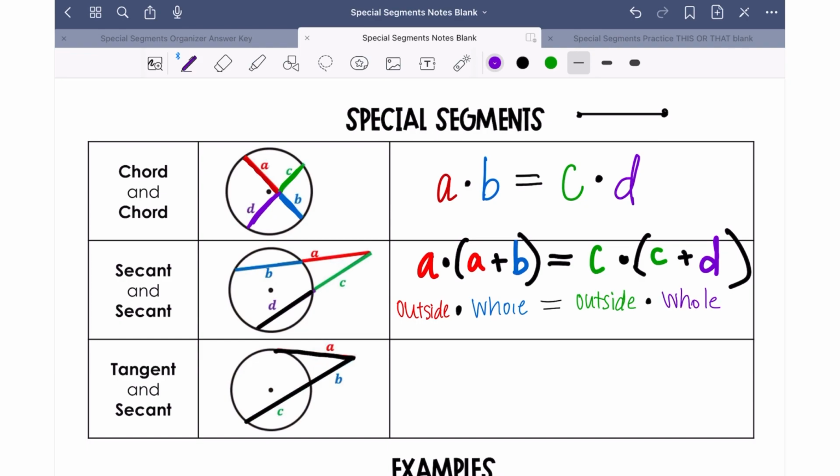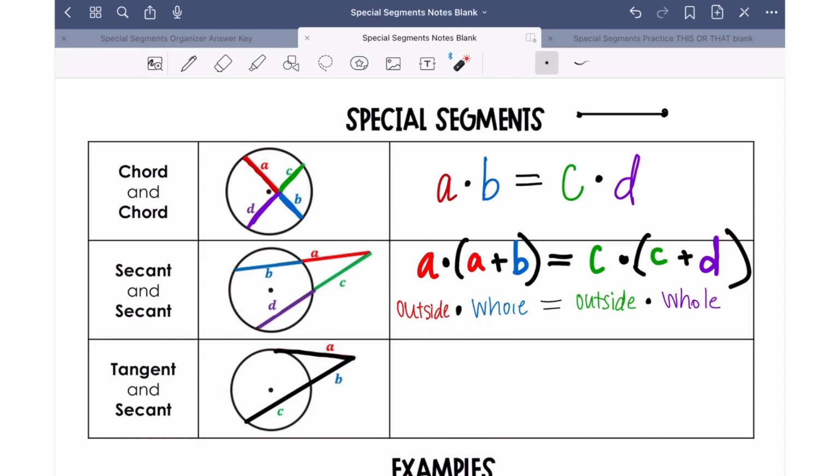Okay, hopefully that helps you. And then just highlight over here. So the outside part times the whole thing equals the outside part of the other one times the whole thing together. So that's where the plus comes from on both of these.